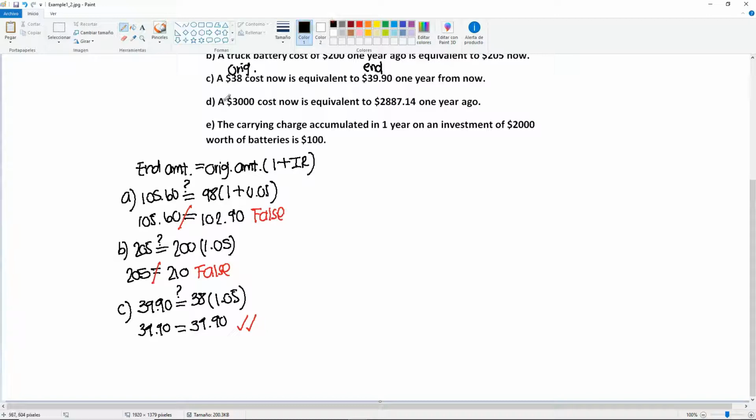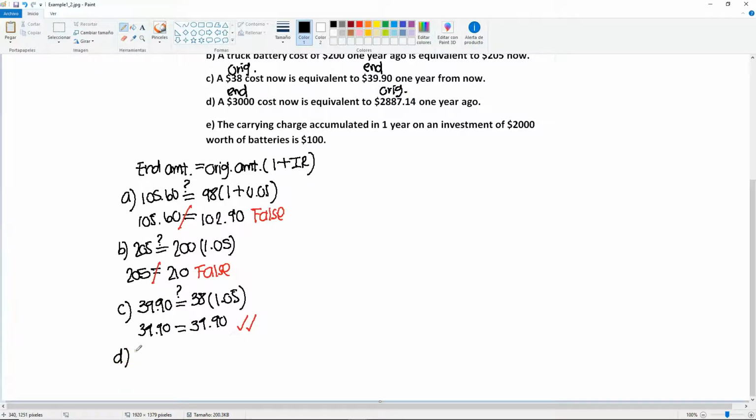We have part D. A $3,000 cost now is equivalent to $2,887.14 1 year ago. So you see that this is in the past and this is the future. So therefore, this one right here is the end and this is the original amount.